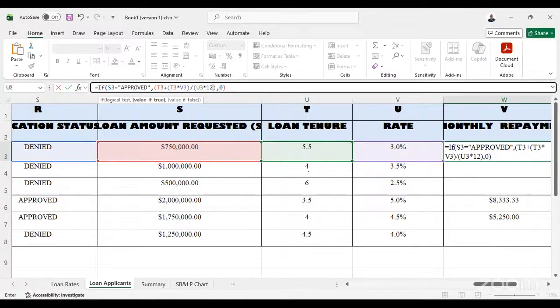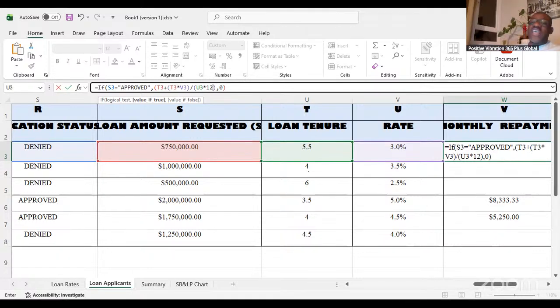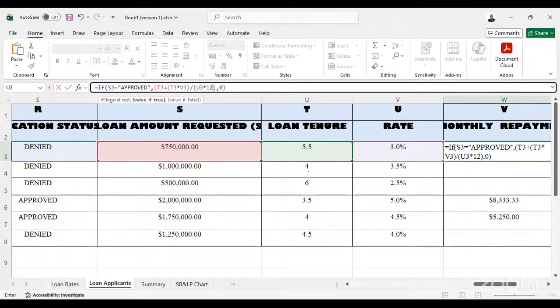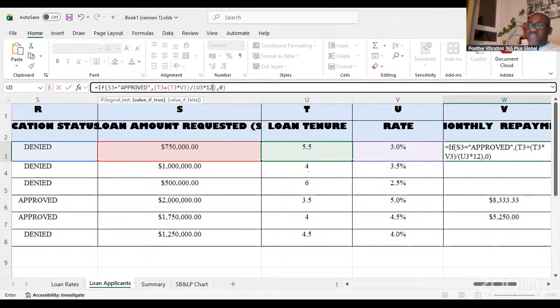No, sir, 5 times 5 is 25, and then if you multiply that by 12, it's 300. No, sir. Check it. Get your calculator. Remember that the point 5 is 6 months, because half of a year is 6 months. Get your calculator and type in 5.5 multiplied by 12.